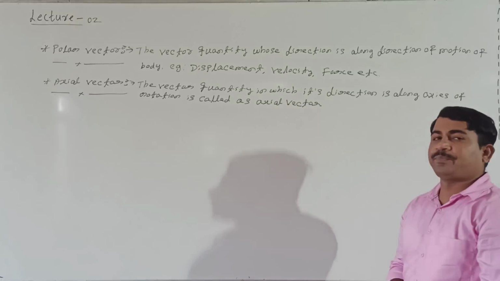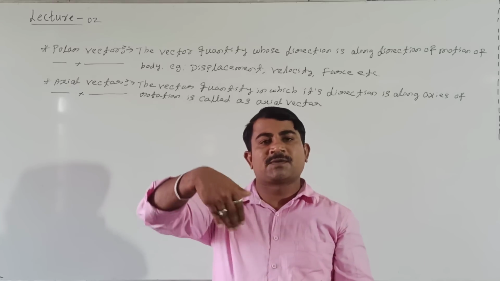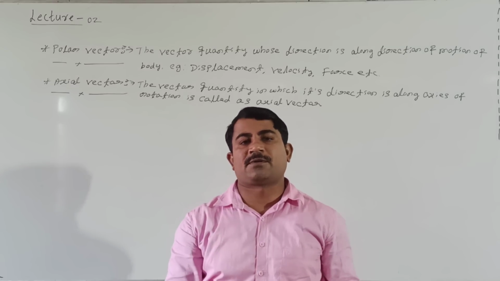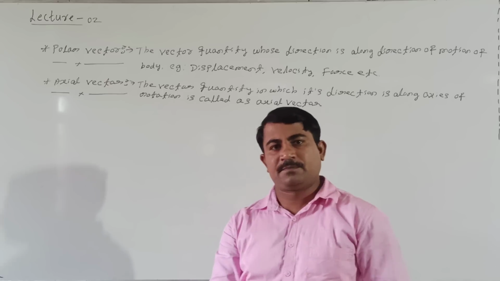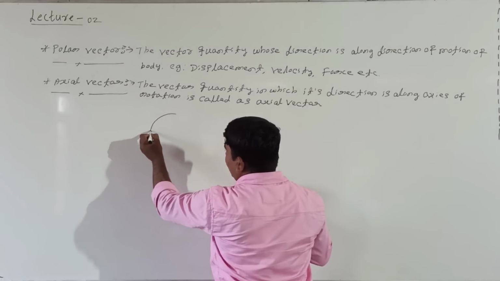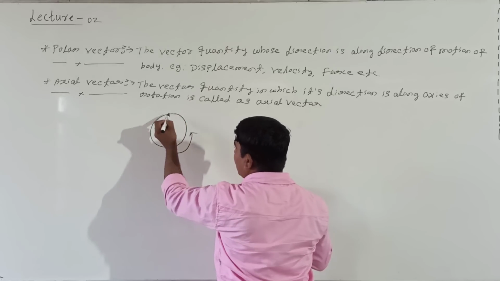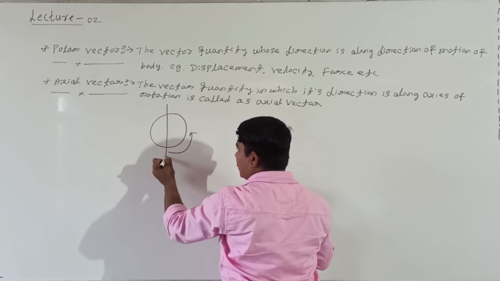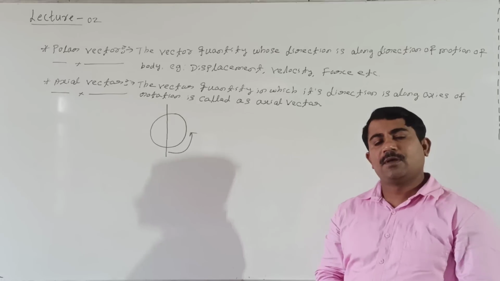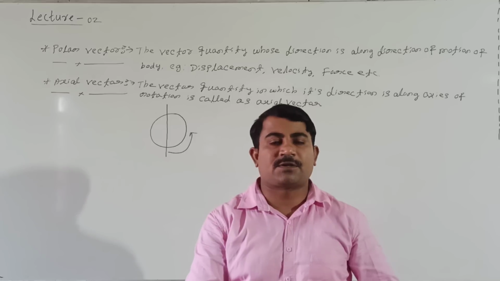See students, let us consider a particle revolving in a circular path about an axis of rotation. Consider the earth revolving like this, in this direction. We can call this the axis of rotation of the earth. Earth has an angular momentum. Earth has a torque.